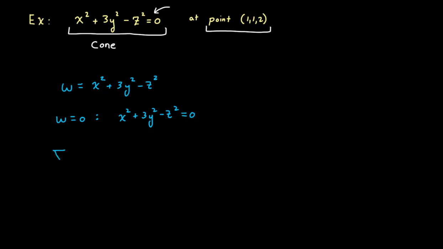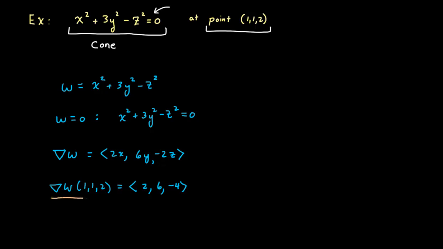And the gradient of this induced fourth dimensional function w will give us the direction of a vector orthogonal to the surface. And we'll need del W at our point (1, 1, 2), and that will yield the vector (2, 6, -4). So now we have a normal vector to the surface at the point (1, 1, 2), and we have the point (1, 1, 2), and that's all we need to come up with the equation of a tangent plane.